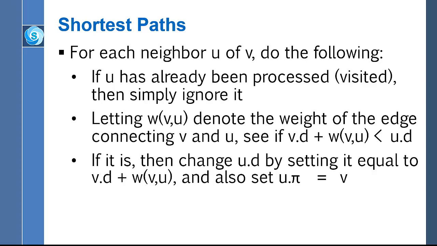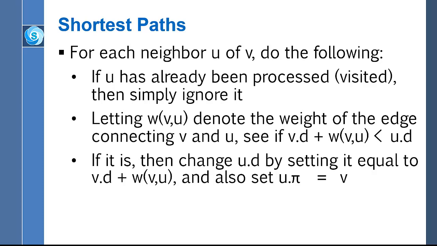We just found a shorter path. All right, well, it's time to reflect the fact that we now know a shorter path. So first thing, let's change what U dot D equals. Let's set U dot D equal to V dot D plus W(V,U).